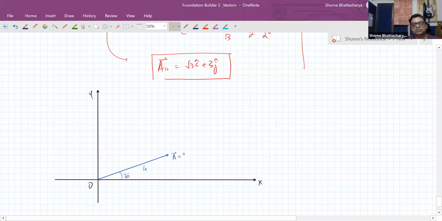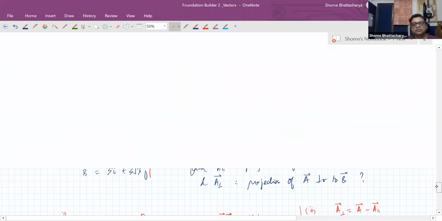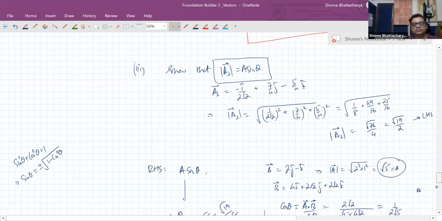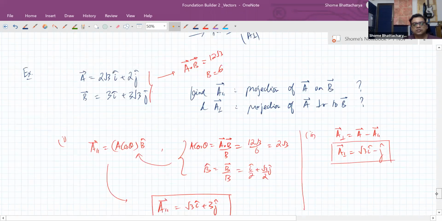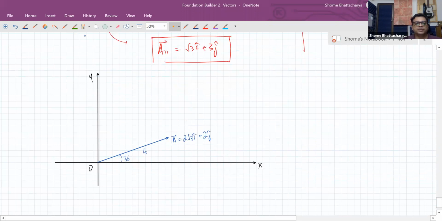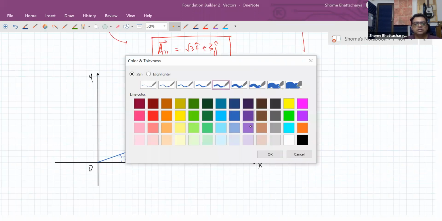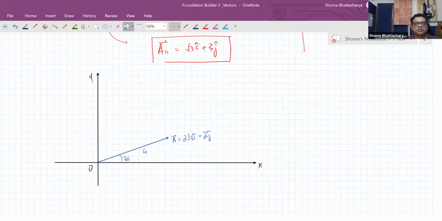Okay. Whereas in comparison, the vector B, that one is like this.